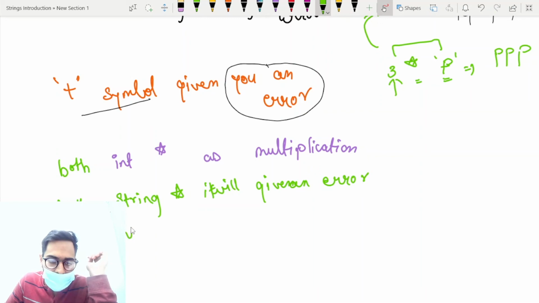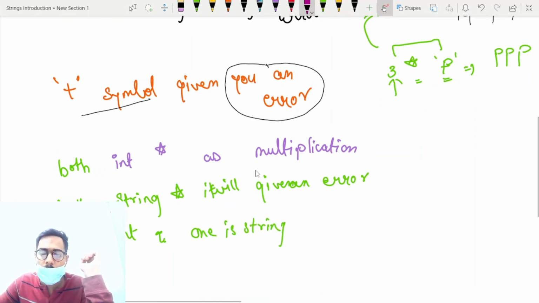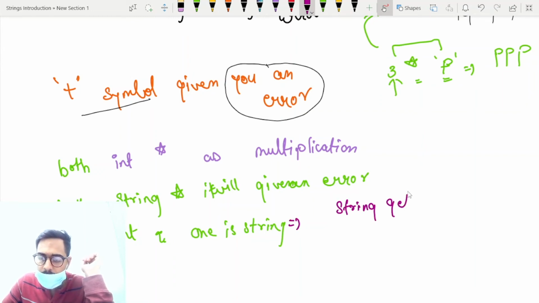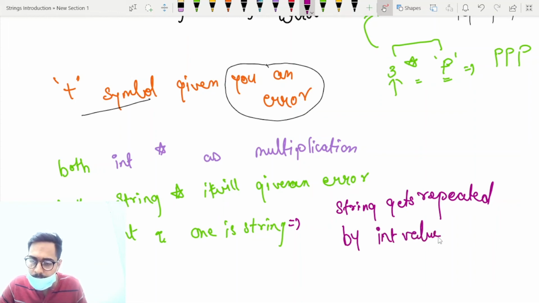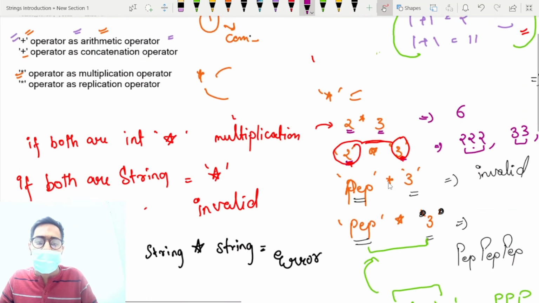If one is int and one is a string, then a replication will be performed. Replication means a string gets repeated by the integer value times. Whatever the value that you have defined, for that many times the given string will get repeated. So remember these 3 points.